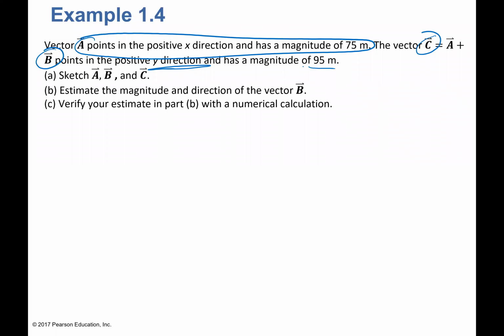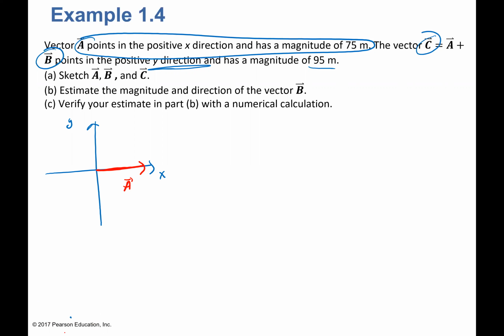Right. So first is to do the graphical way, with a y-axis and x-axis. I know one thing, that this vector A is pointing in a positive x direction, right? So this is vector A, and it has a 75 meter magnitude.